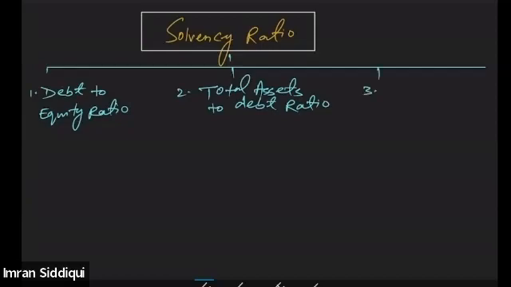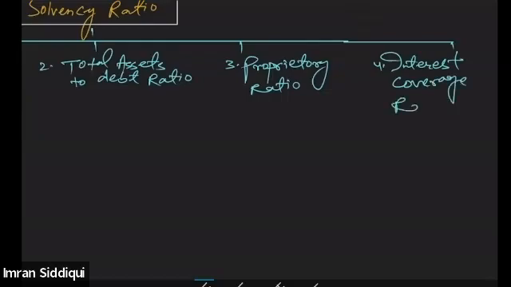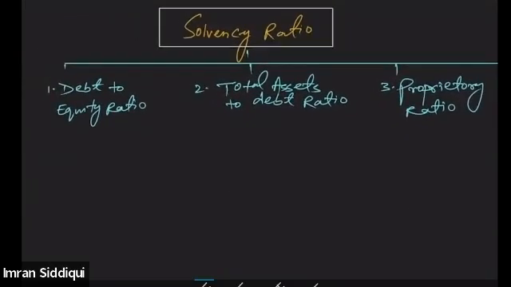The third one is proprietary ratio. And the last one is interest coverage ratio. All right, everybody. These are four different ratios under the solvency ratio.